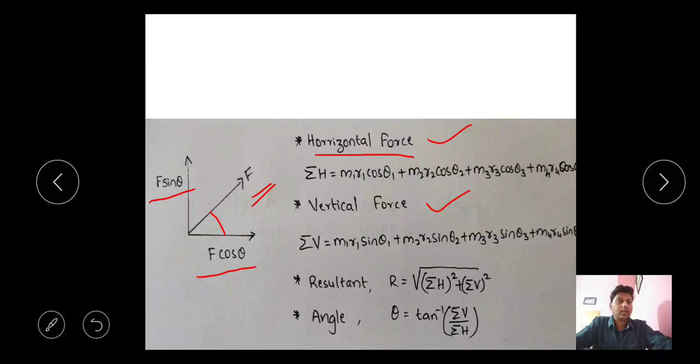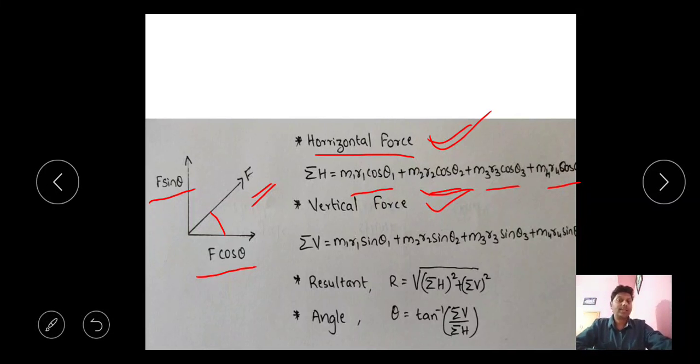Now 4 are there, so it will be F1 cos theta 1, the first force; F2 cos theta 2, the second force; F3 cos theta 3, F4 cos theta 4. If you add all those 4 forces, then you will get the horizontal force.